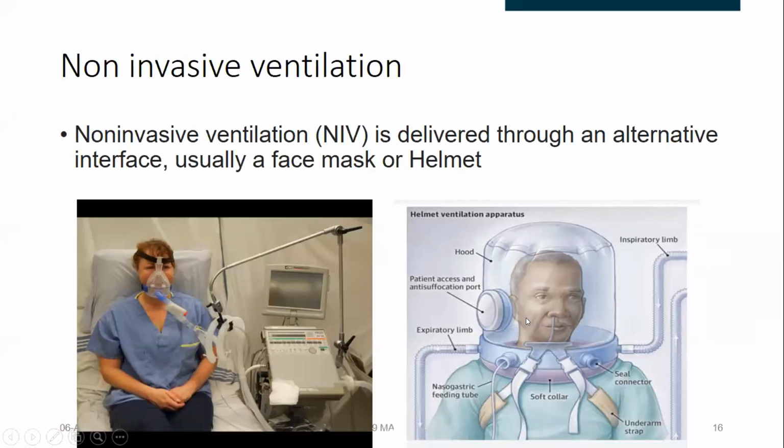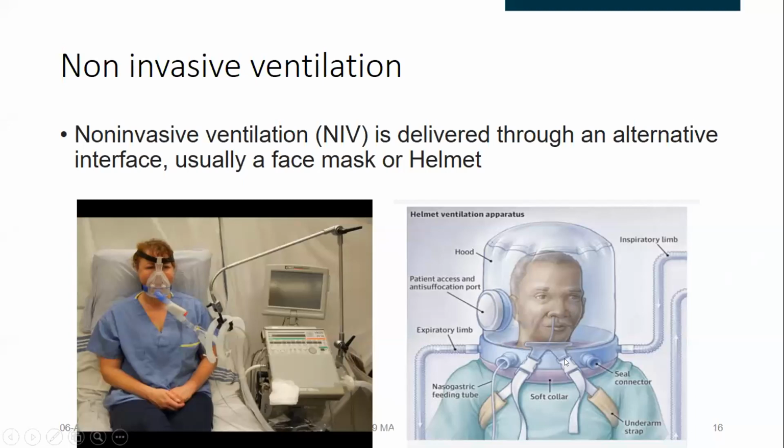The other option is the helmet, and this also has come to the fore because of COVID. And it's good to note the components of that helmet because it's quite important. There's the hood. There's what is called a patient access and suffocation port. In case the patient suffocates, you can open that. You have an inspiratory ring and an expiratory ring. You're able to pass in nasogastric tubes through ports on the ring.